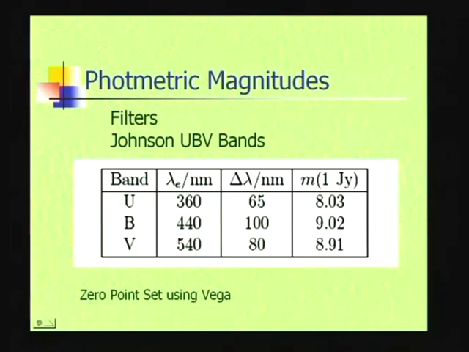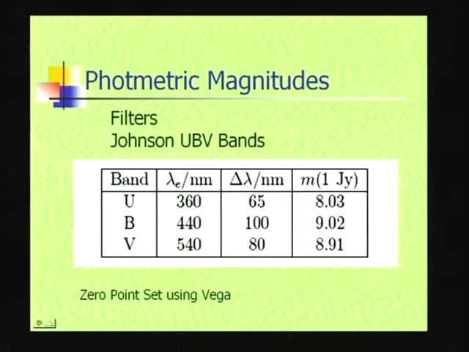So, you know the value of the magnitude for the star Vega at the U band, that is given. Okay, so, if you are using this UBV filter, then you can calibrate your system by measuring the magnitude of the star Vega using your apparatus, and that will give you some value.